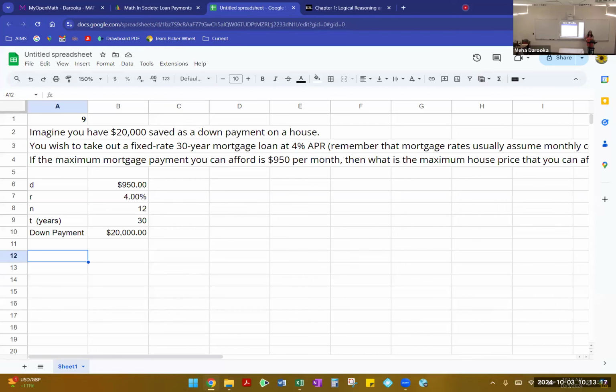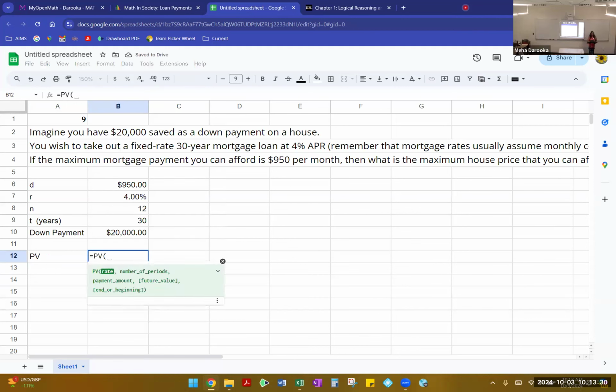So since we know the maximum payment we can make, you are actually using the PV formula to figure out how much loan you can take out. So it's going to be the PV formula. So that's PV. And then the first one is rate. So remember that is R divided by N. So R divided by N, comma. Number of periods is N times T, comma.